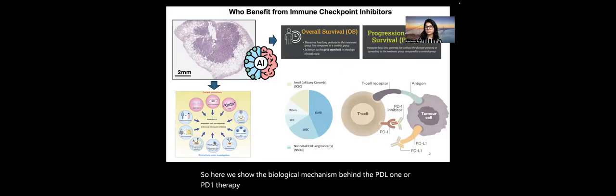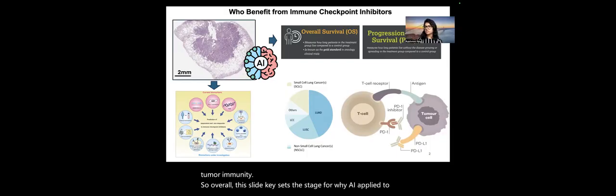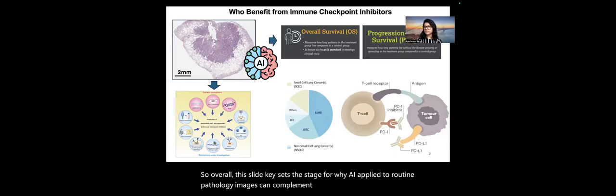Tumors use PD-L1 to suppress T-cell activity, and checkpoint inhibitors block this interaction to restore anti-tumor immunity. Overall, this slide sets the stage for why AI applied to routine pathology images can complement or even surpass existing biomarkers by providing a scalable, unbiased way to capture the tumor immune landscape and predict patient outcomes.